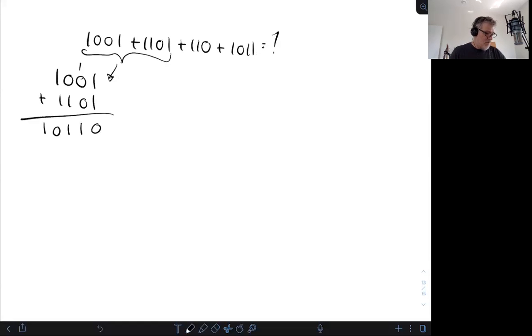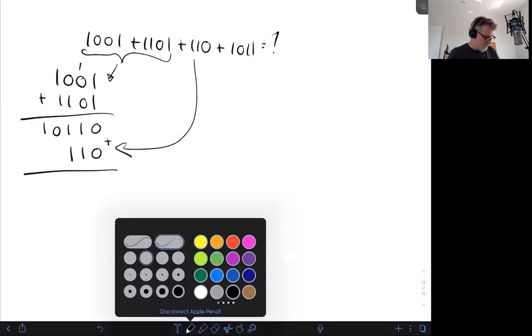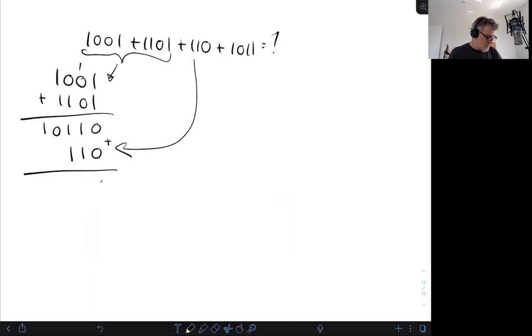I'm going to add the next one, 1, 1, 0. So let's align those nicely, because otherwise it's going to be a mess. Okay, so this is 0, 1 and 1 is 0, carry of 1. That's 1, carry of 1, 1, 1.